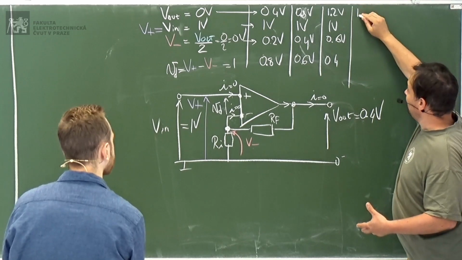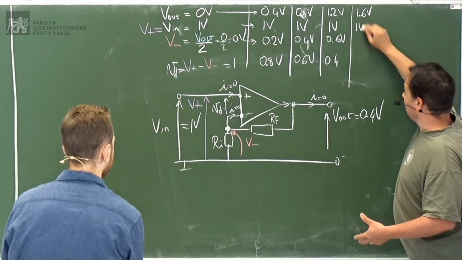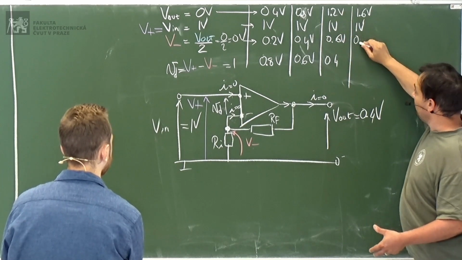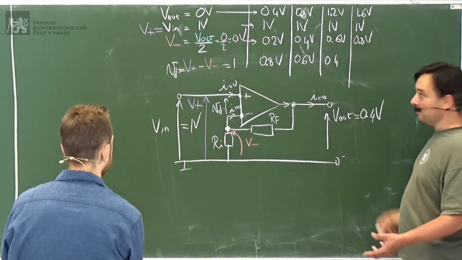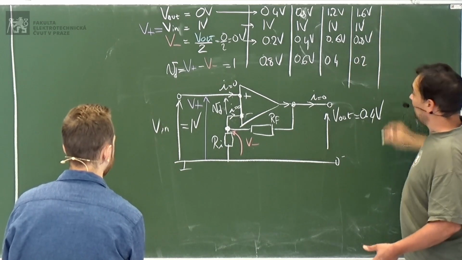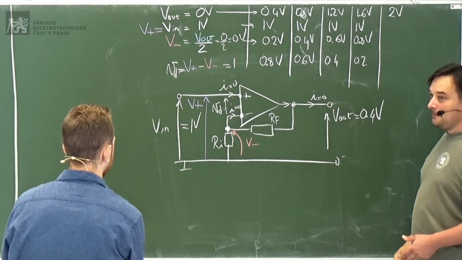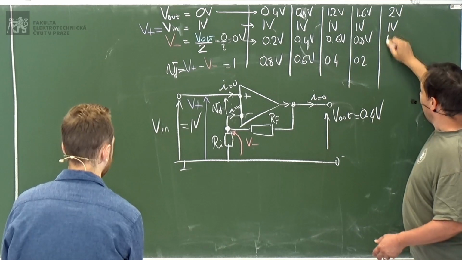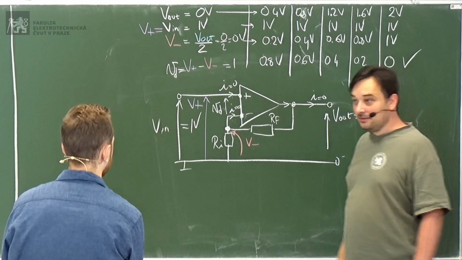Let's say we get 1.6 volts: 1 volt at the positive input, 0.8 volts at the negative input, 0.2 at the difference. In the last step, it puts 2 volts there, and therefore I have 1 volt at the negative input. The difference is 0. Bingo, it stops.